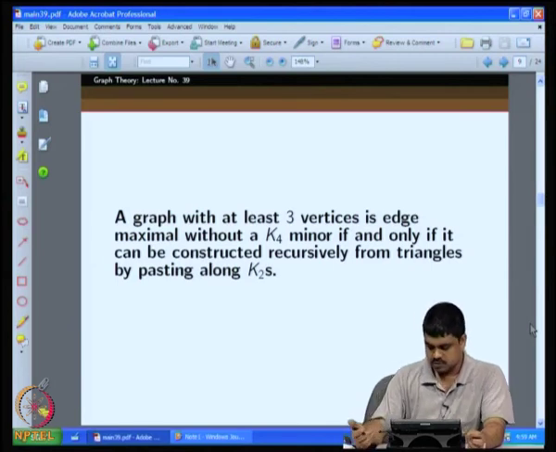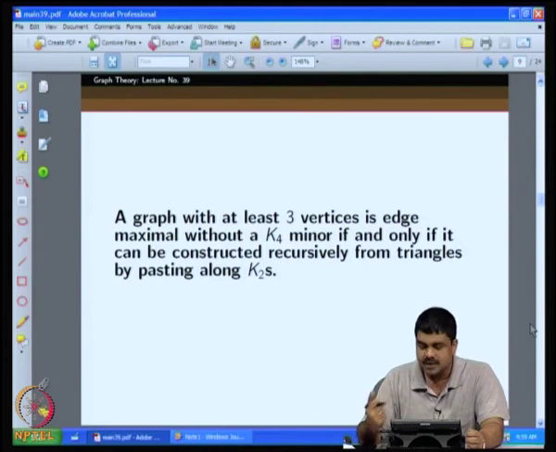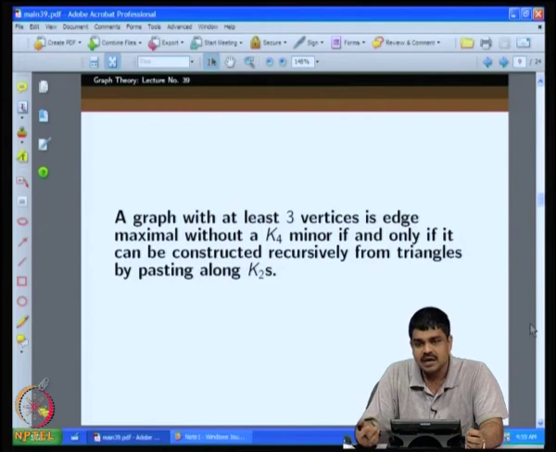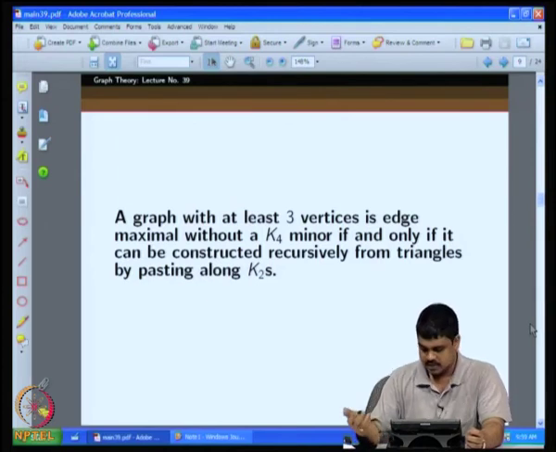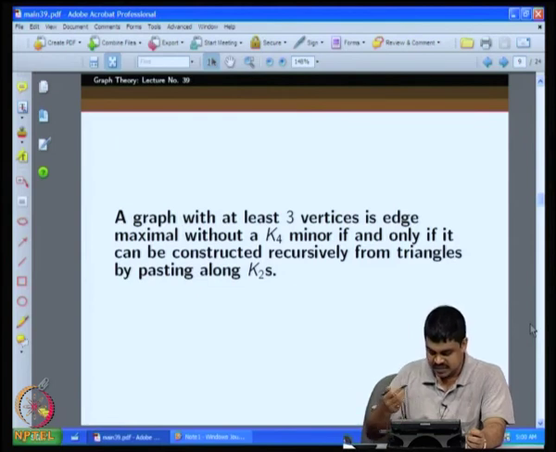Now, this lemma gives a structural description of the edge maximal K_4 minor free graphs. It says that they are exactly the graphs which can be constructed from triangles by pasting triangles recursively along K_2s, something like this.